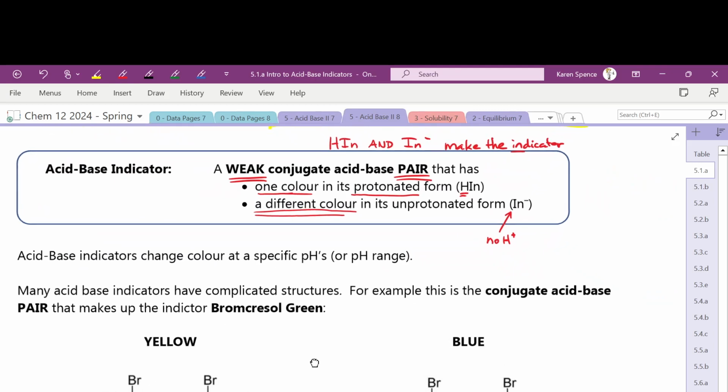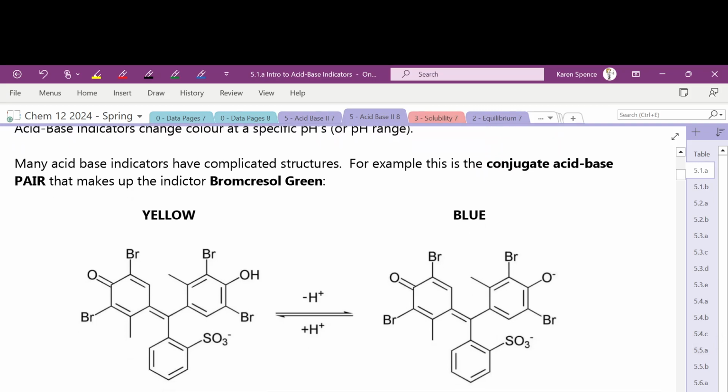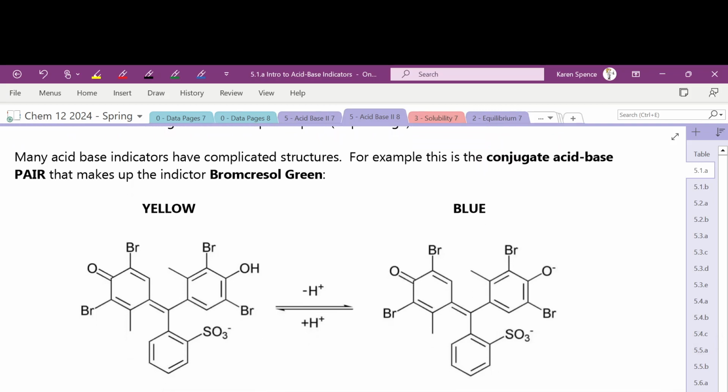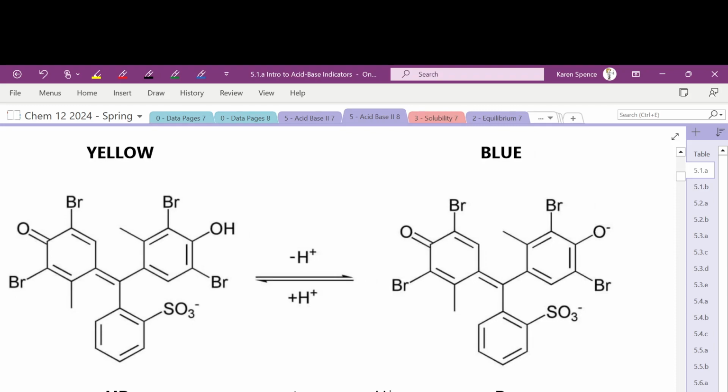Now you're going to see why we use HIn and In minus, because this is the actual chemical structure of a particular indicator. Très, très compliqué, yes? So we don't really want to do too much with that. What we do want to notice is that these two chemical species are identical, except this one has an H and this one has no H. All right, so we have our acid form of the indicator, which has the H on it, and it is the color yellow.